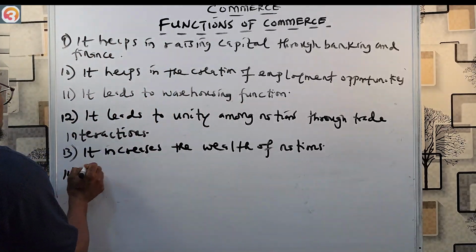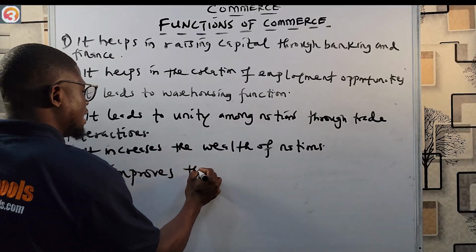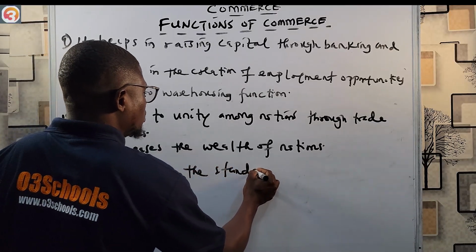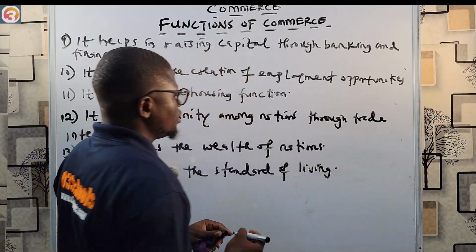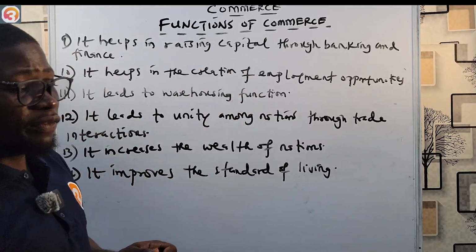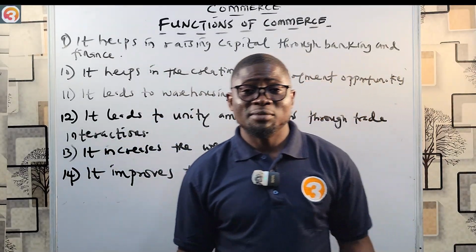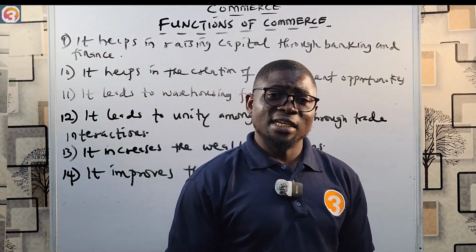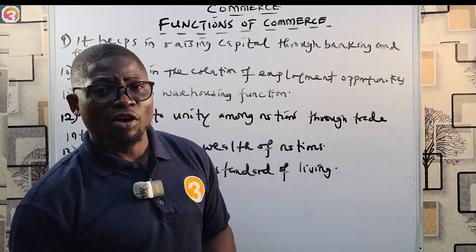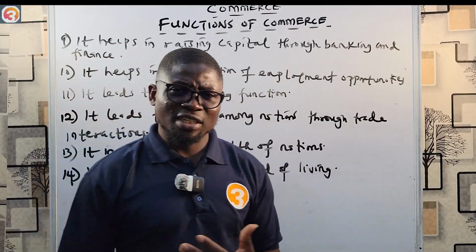Then also it improves the standard of living. 14. It improves the standard of living. All right, so of course, you see that standard of living will definitely increase. For a farmer who started with farming just to feed himself, he improves, started selling for people. Now he has help from government, or maybe because he's able to transport his goods to the township to sell, he's generating more revenue.